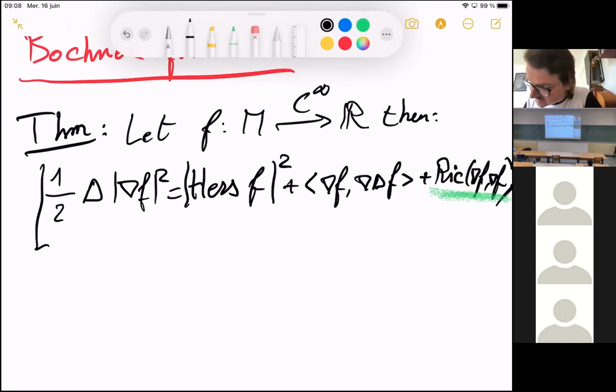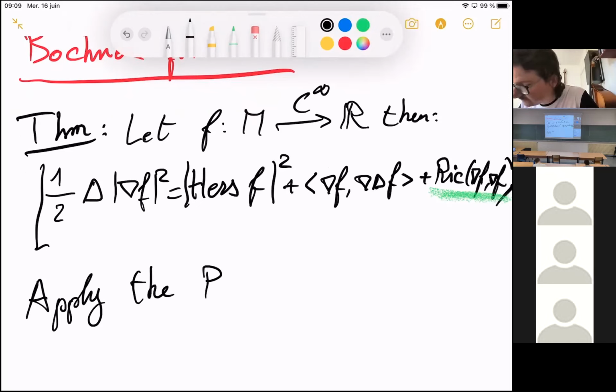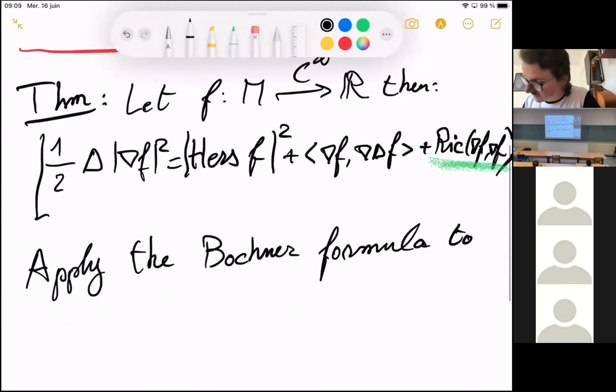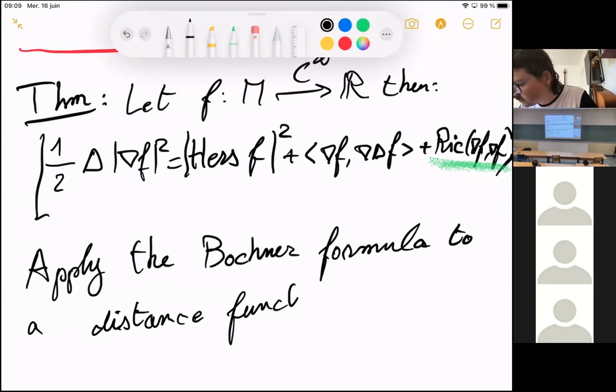So now let's apply the Bochner formula to a distance function. It is defined from M, or some open set in M, actually.